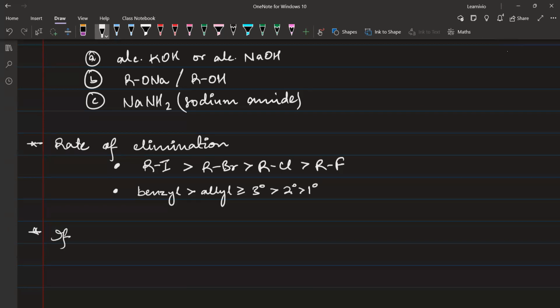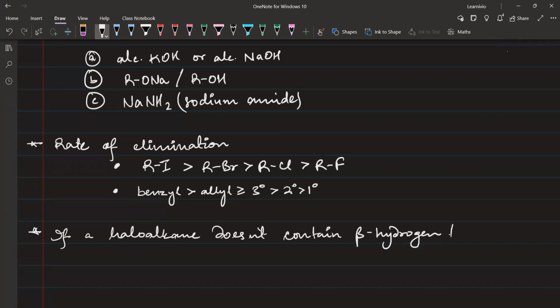Also write one more point. If alpha hydrogen नहीं, my bad, beta hydrogen. If a haloalkane does not contain beta hydrogen, then the beta elimination won't take place. ठीक है.